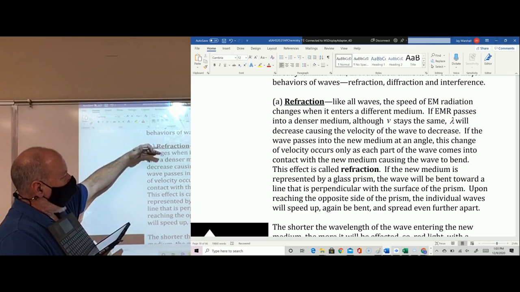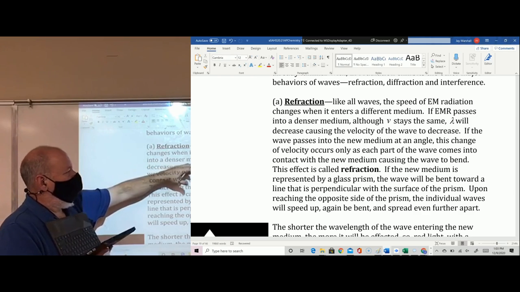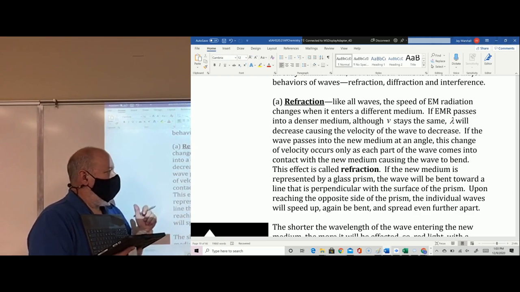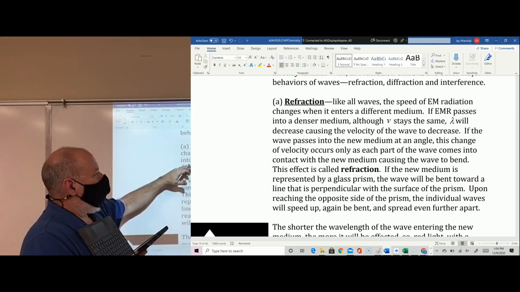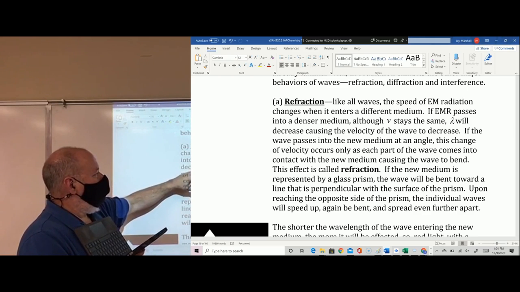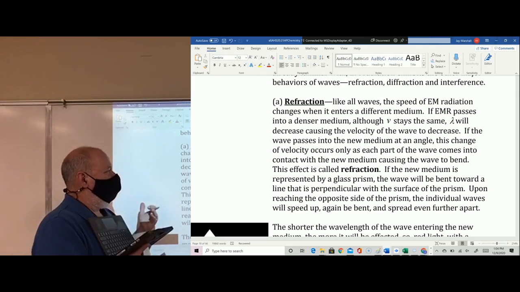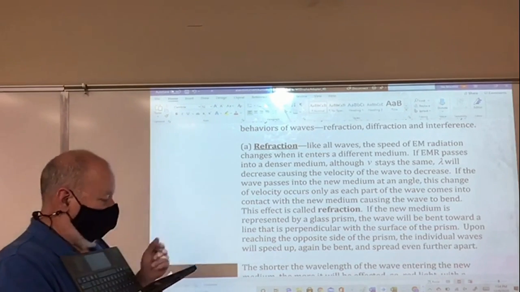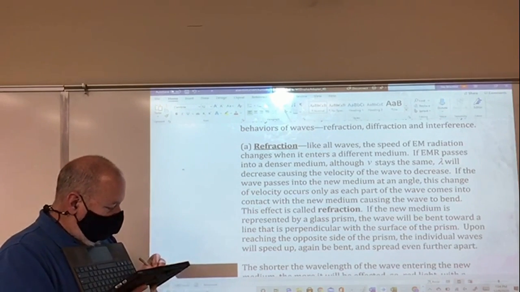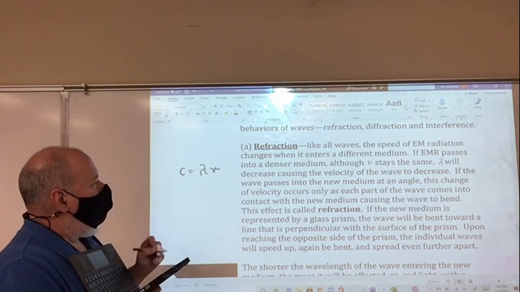If electromagnetic radiation passes into a denser medium, although frequency stays the same, wavelength will decrease, causing the velocity of the wave to decrease as well. Remember, the velocity of the wave equals the wavelength times the frequency.